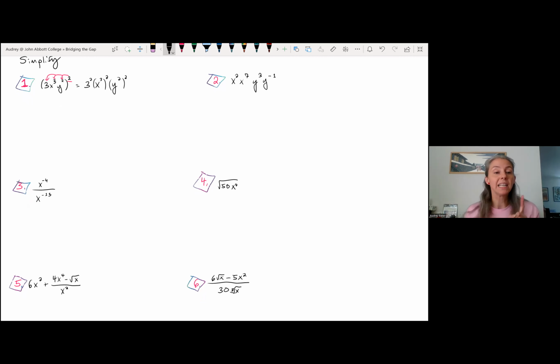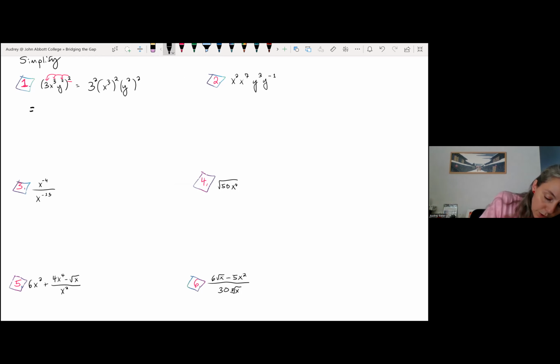Exponents can be distributed inside of multiplication, but beware, they cannot be distributed inside of addition or subtraction, only multiplication and division. All right, so we have 3 squared, (x cubed) squared, (y squared) squared.